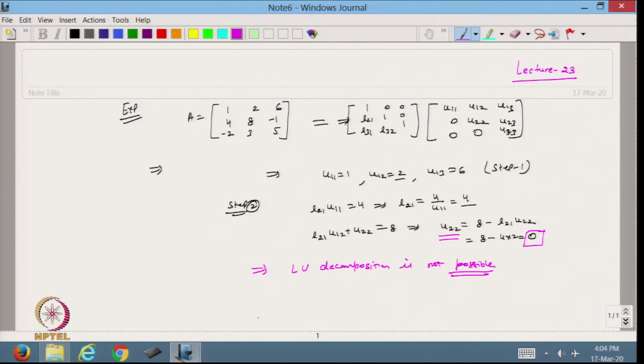If you look at the matrix A, you can see that it is not diagonally dominant.